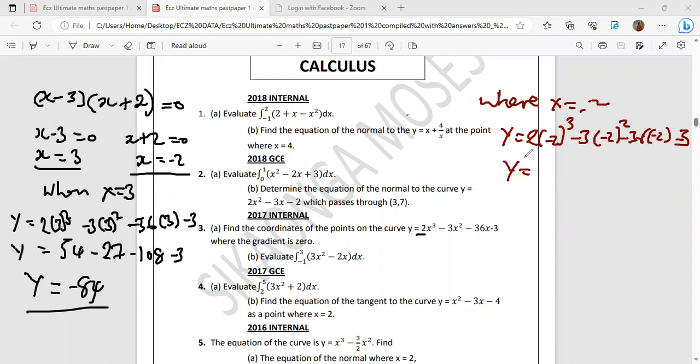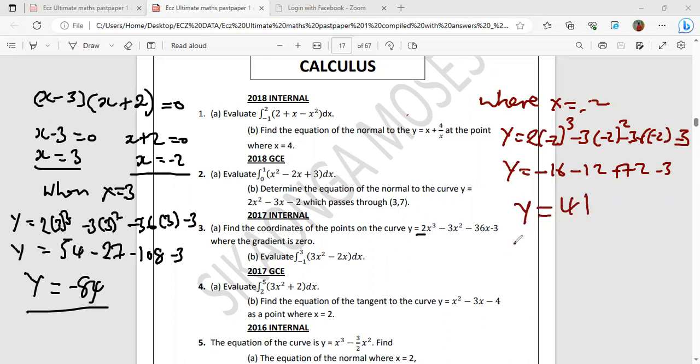So this is -8 multiplied by 2 to give us -16, this will give us positive 4 multiplied by 3 to give 12, plus 72 minus 3. You can punch on the calculator: -16 minus 12 plus 72 minus 3. This is y equal to 41.